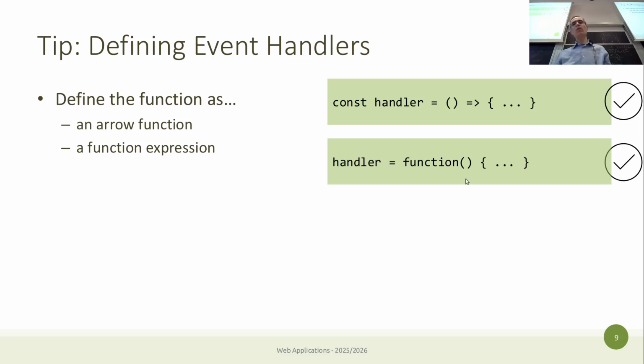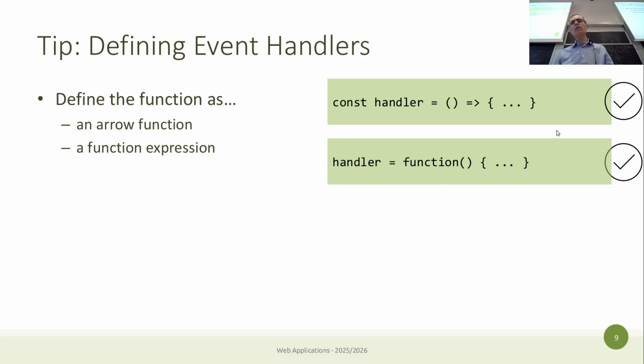If you have to write function and so on, it becomes more complex, but in principle you can do it. You declare a function, you assign it to some variable, this variable has a reference to a function, and so you can use this variable as the handler for the event. Just pass it through as the value of the attribute.